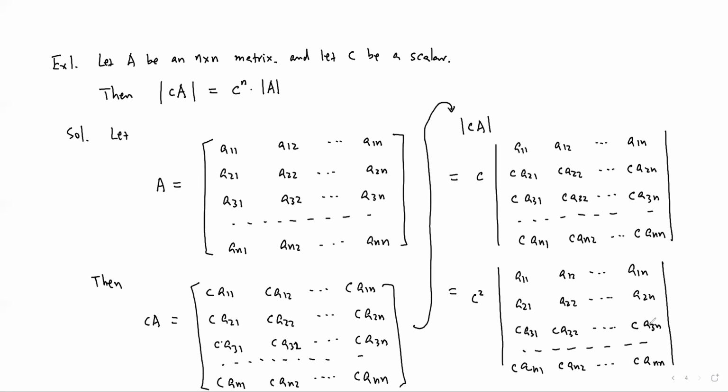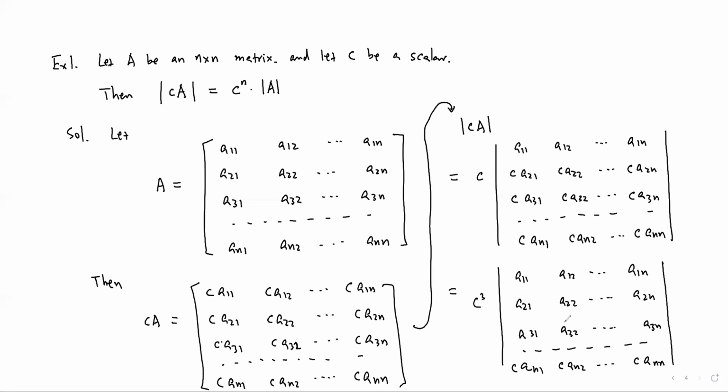Okay, now on the third row, let me take out the number C. Now C squared times C is C to the third. On the fourth row, take out the number C. Then we have C to the fourth.